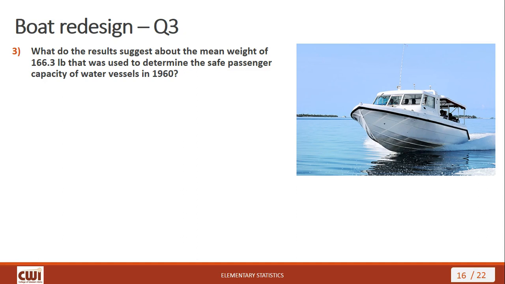Now, what about the last question we were asked? What do the results suggest about the mean weight of 166.3 pounds that was used to determine the safe passenger capacity of water vessels in 1960? Again, we found that our 95% CI is 164 to 180.